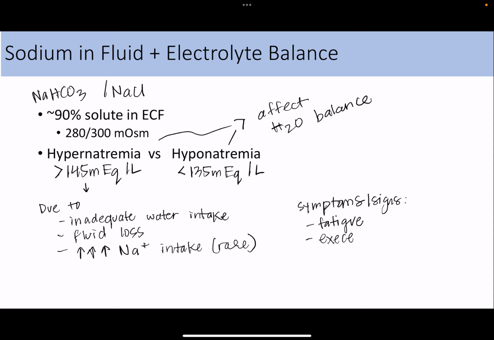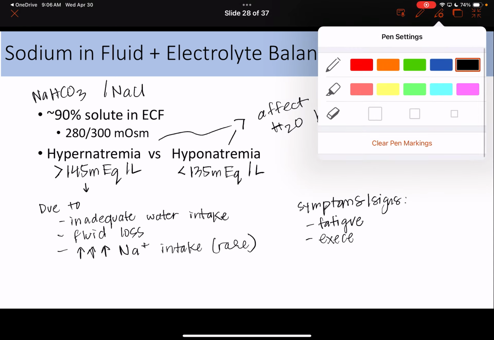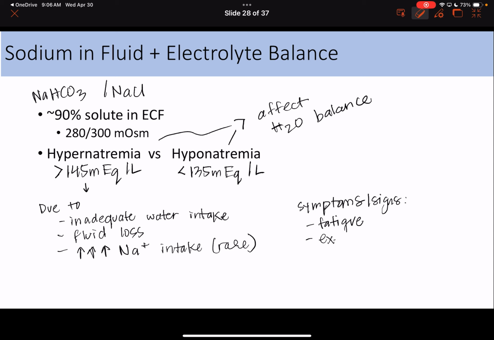Ooh, that is not how you spell excessive. And again, what's the term for excessive thirst? Polydipsia. Excessive thirst, muscle twitches, and also seizures or convulsions. Oops, seizures.